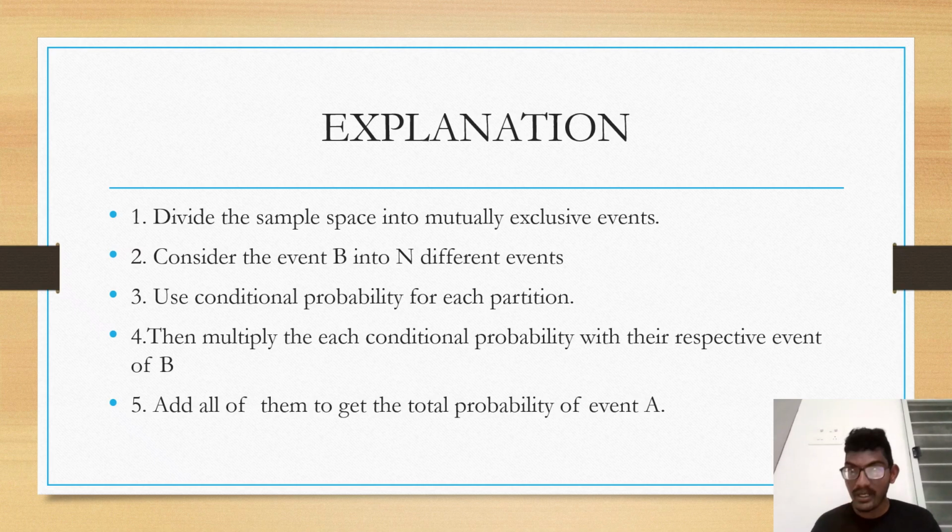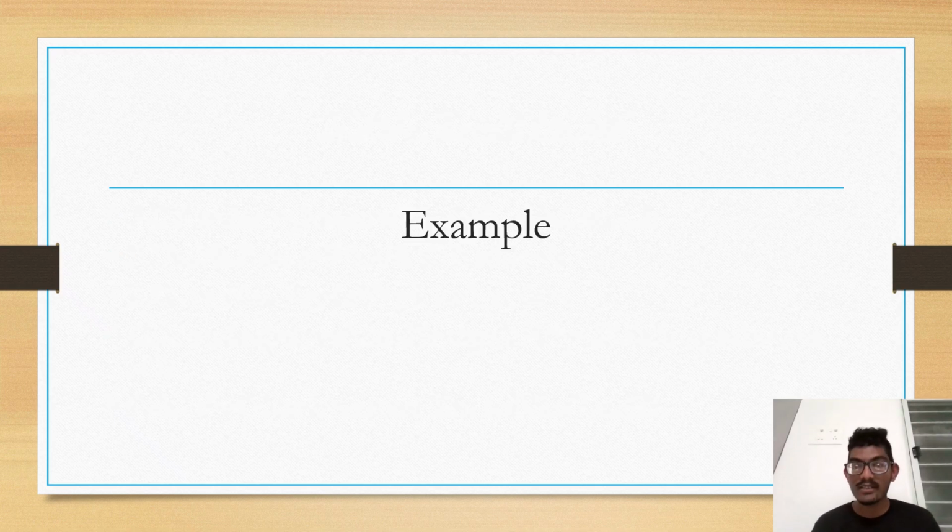Consider n partitions and find the conditional probability of event A given that B1, B2, B3, and so on up to Bn has happened. Then multiply each conditional probability, like P of A by B1, P of A by B2, P of A by B3, and so on up to P of A by Bn, with the corresponding P of Bi. Then add all of these terms together.